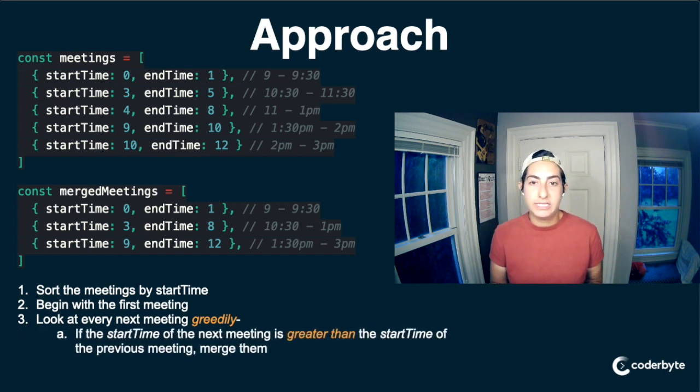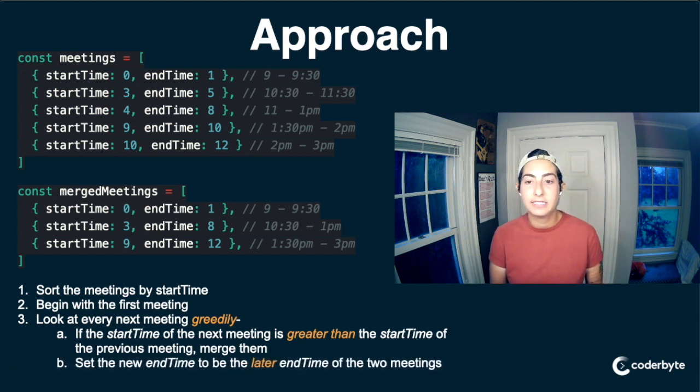Now, once we take the next meeting, we can ask ourselves two things, right? If the start time of the next meeting is less than or equal to the end time of the previous meeting, we can merge them, right? If not, don't worry about it. We found a range, and that is a good range. We can start a new merged meeting with the next start time, right? Set the new end time to be the later end time, or the max end time, of the two meetings.